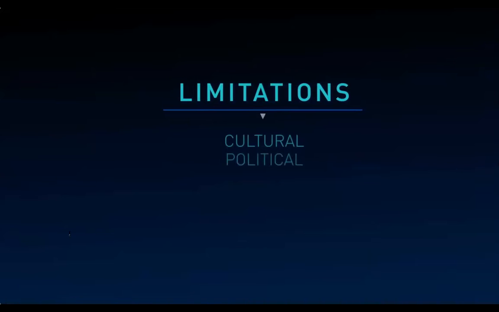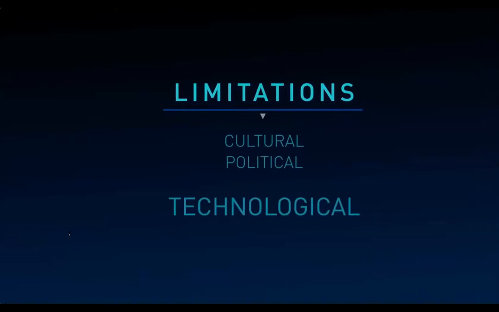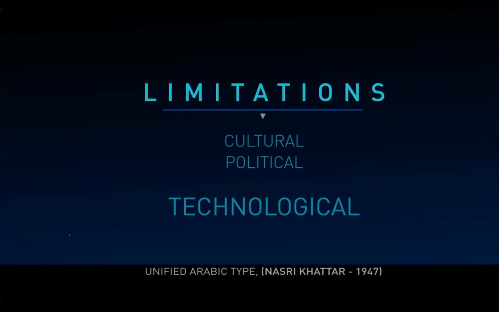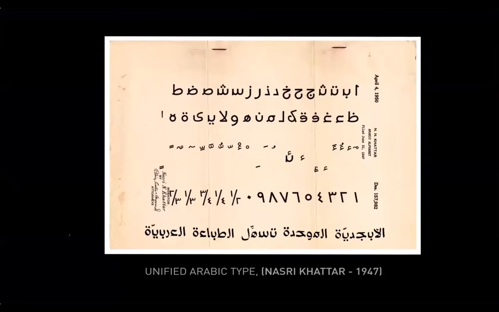As a byproduct of all the cultural and political limitations, we are also faced with technological limitations that hinder the Arabic script from adapting to the different new media and from being more present with the rise of new technologies. Many scholars and designers have created projects to try to overcome those limitations.